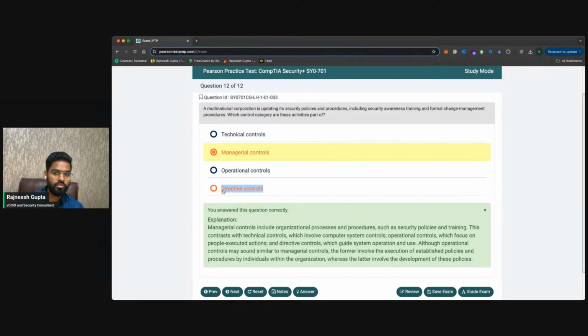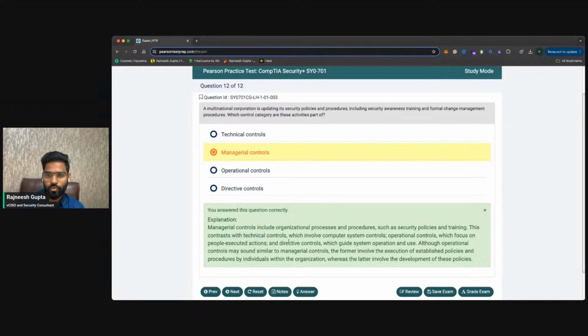Directive control can also be the right answer if managerial control wasn't there, because we have seen in the past that managerial control was all about risk management. But because it's there, you can understand it is more about security policy training.